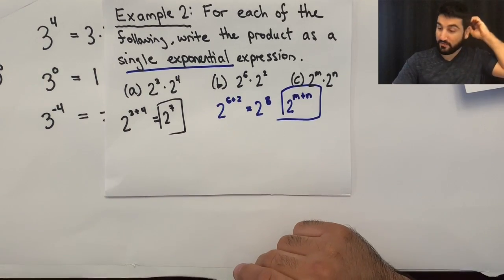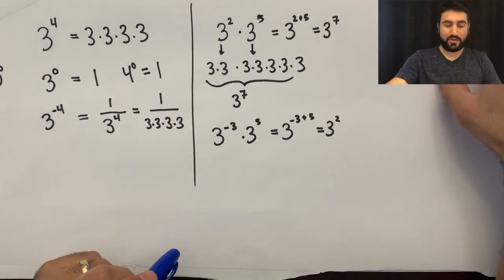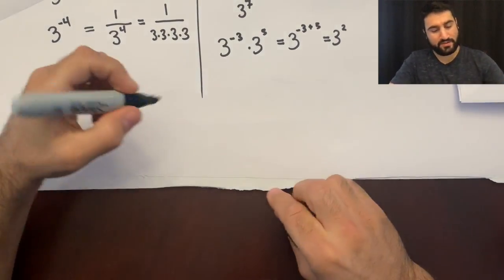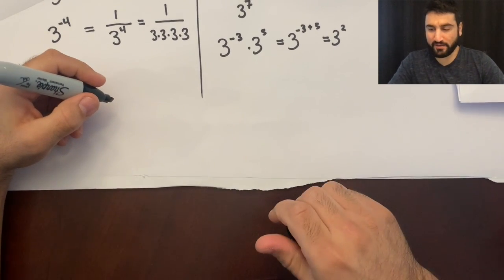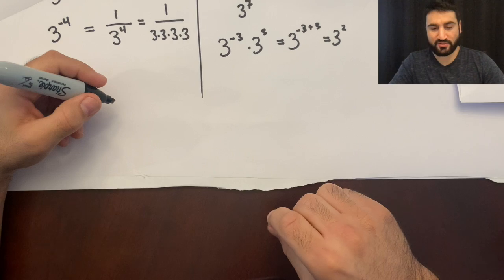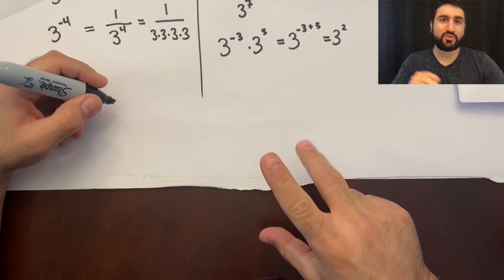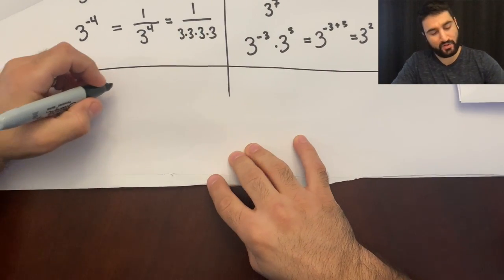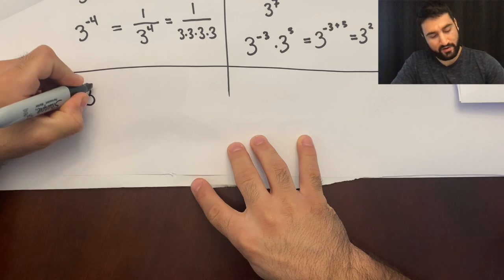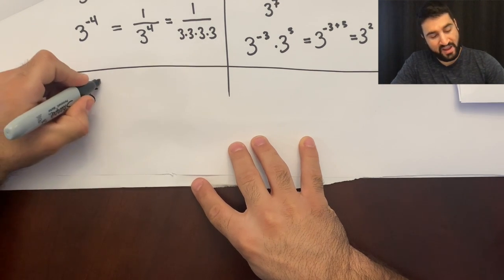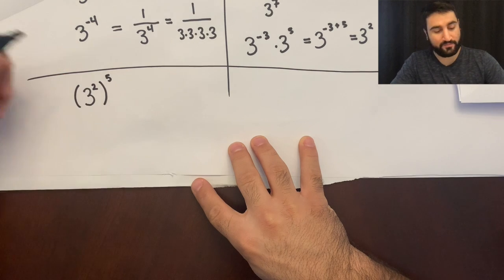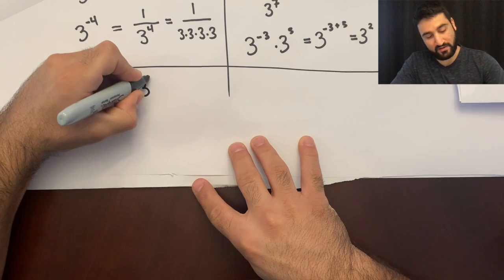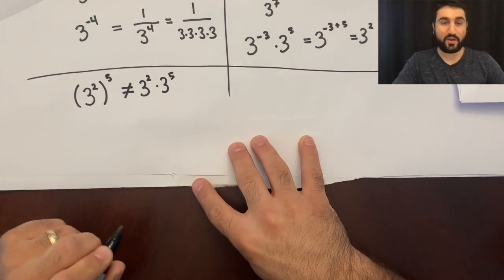Okay. So the next concept here is, instead of multiplying exponential expressions, we're going to be raising them to a power. So if you have 3 squared raised to the 5th power, this is not the same as what we learned earlier, okay?